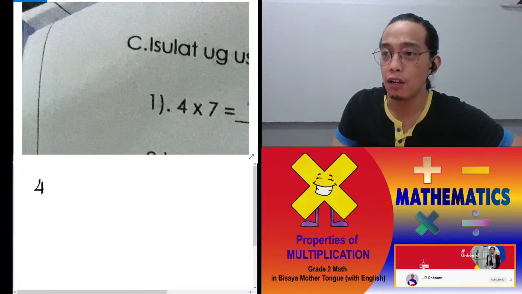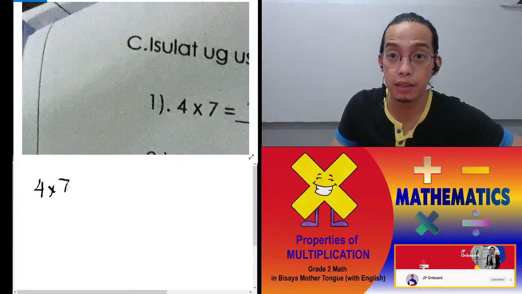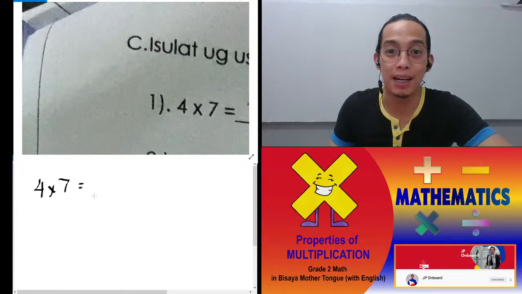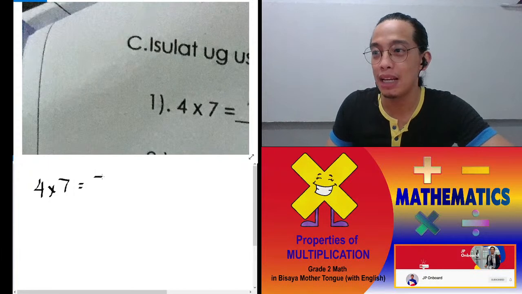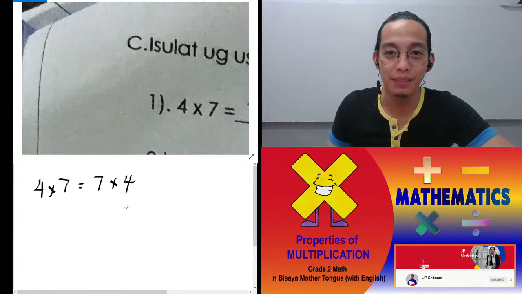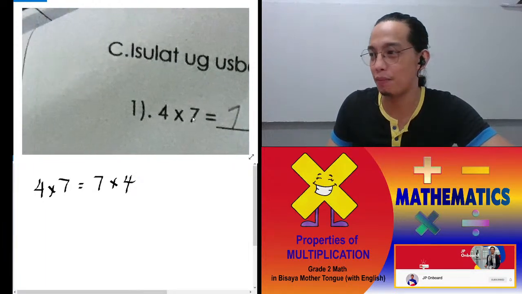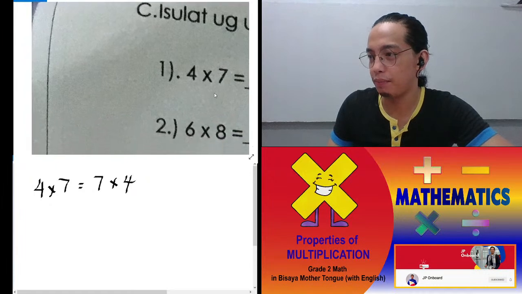Again, the arrangement does not matter in multiplication. The answer is the same. So, 4 times 7, we reverse it to 7 times 4. It's the same answer. Let's see. Ta-da! 7 times 4.